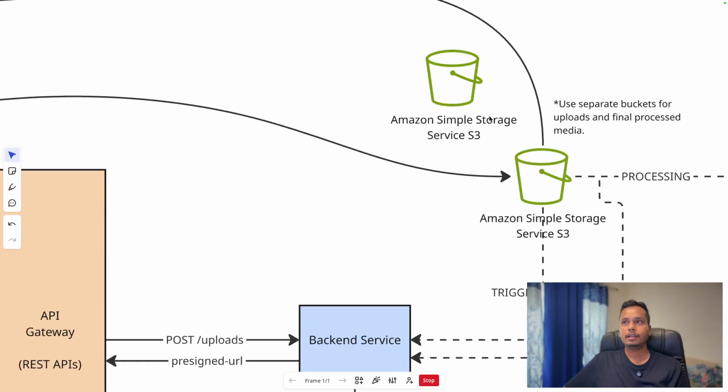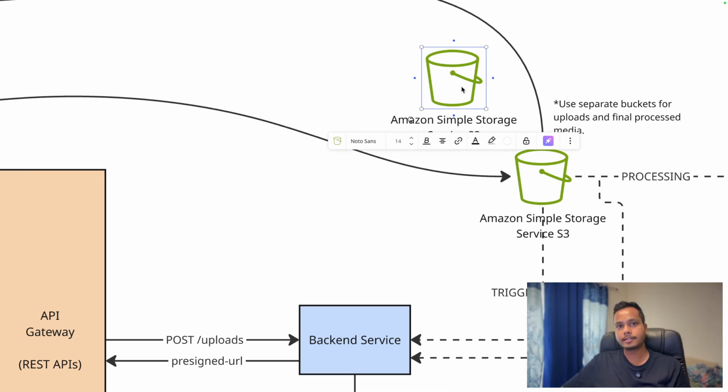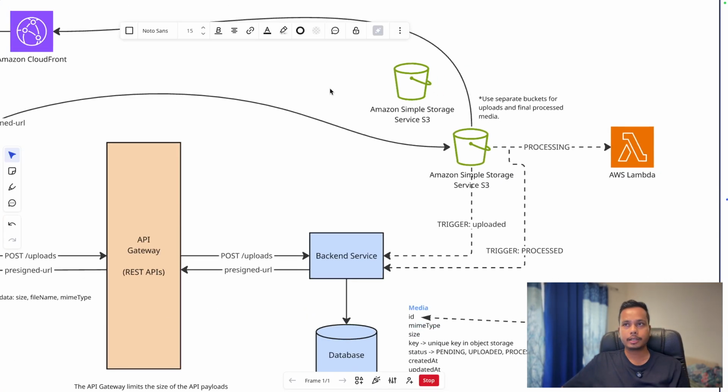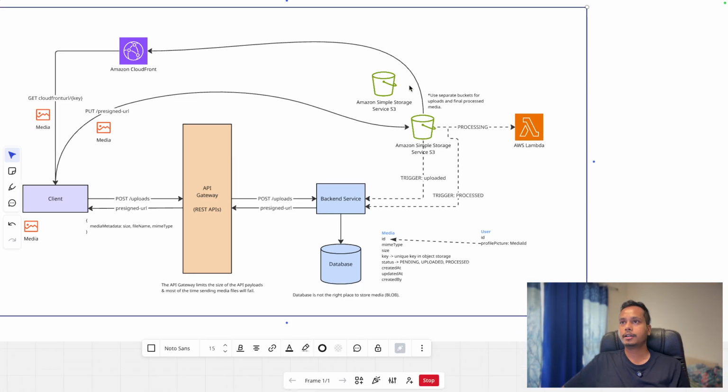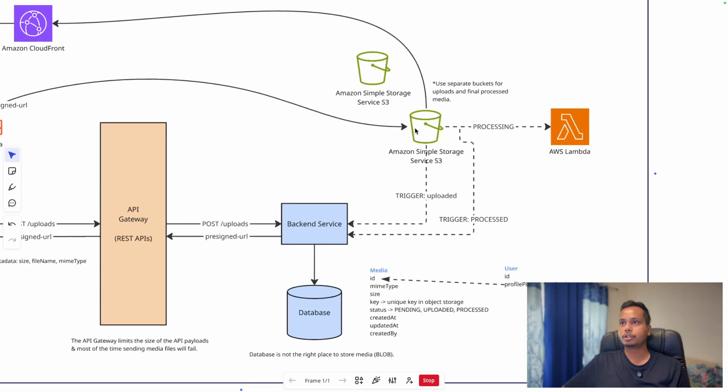And on a periodic cycle, let's say a week or every 3-4 days, we will keep checking this temporary bucket, and we will delete the files which are older than, let's say, 7 days or 3 days. We are confident that this media file is lying abandoned. That will also help us in reducing our storage charges. Otherwise, people will just start uploading everything, and it is not being used, and it will increase our data charges also. So that is one tip which I wanted to share.